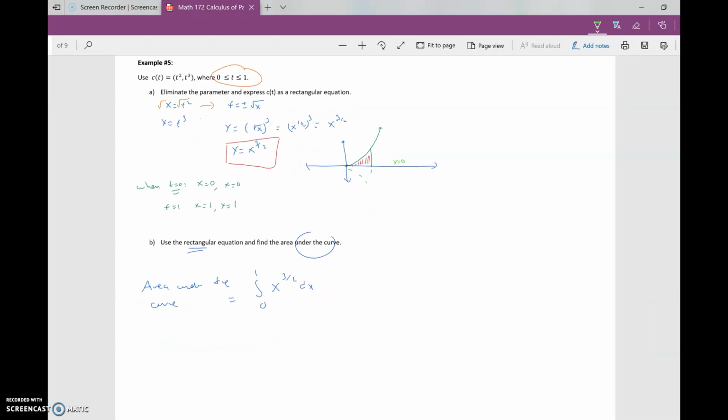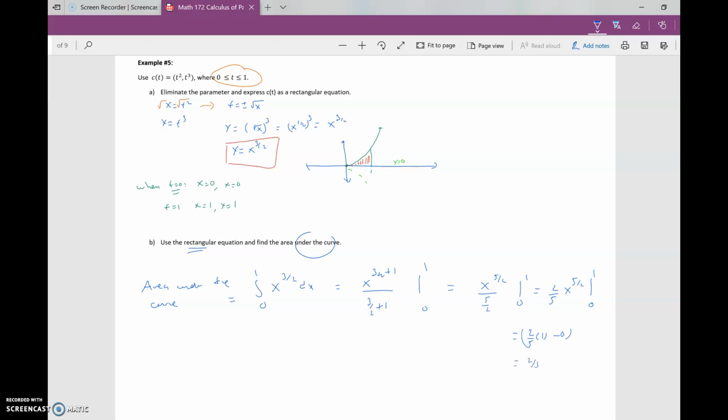Okay, so in this case, that's pretty much it. This is going to be x to the 3/2 plus 1 divided by 3/2 plus 1, evaluated from 0 to 1. So we're just evaluating x to the 5/2 divided by 5/2 from 0 to 1, or 2/5 of x to the 5/2 from 0 to 1, which is just 2/5 times 1 minus 0.